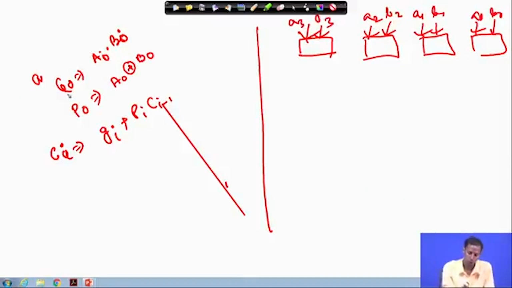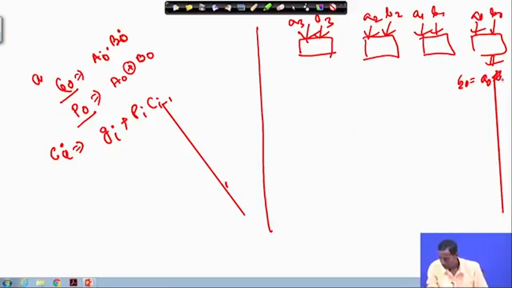So for G0 and P0, G0 is A0 into B0, and P0 is A0 XOR B0. And this is the carry in, which is coming over here for this particular stage.